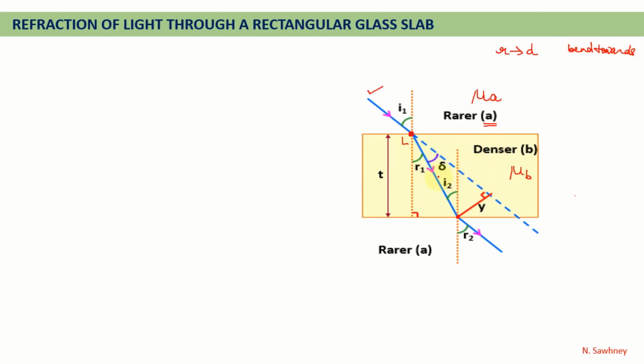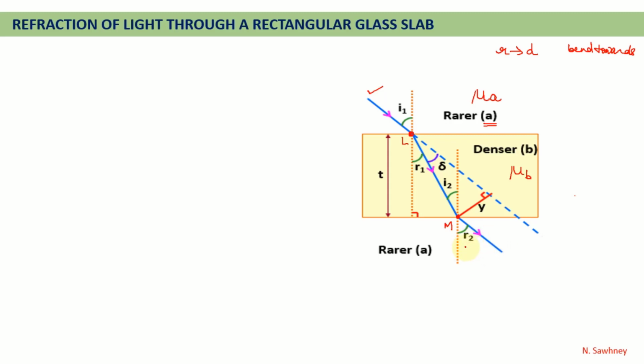Now let this bent ray be striking the other parallel side of the glass slab. At this point, let us name it as M. And now it is moving from denser to rarer medium, so it will travel away from the normal as shown.